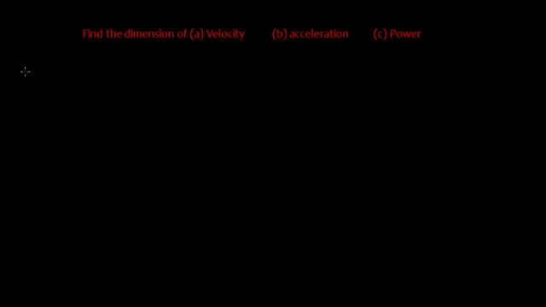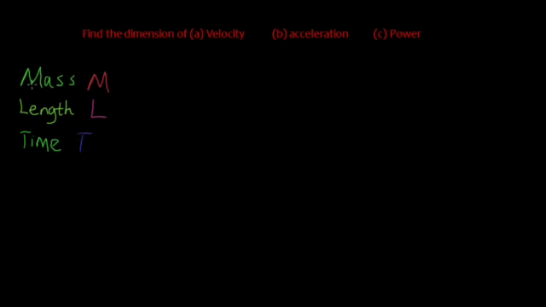The dimension for mass is capital M. Anything that has to do with mass is capital M. The dimension for anything that has to do with length is L, capital L. Then the dimension that has to do with time is capital T. So these are the things that we are going to be using.